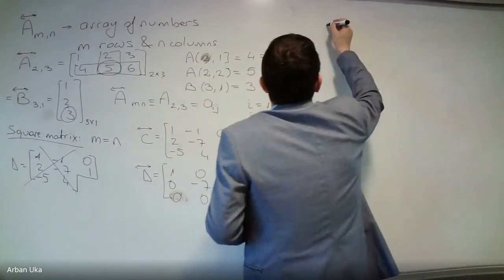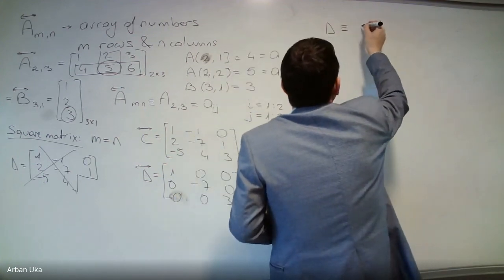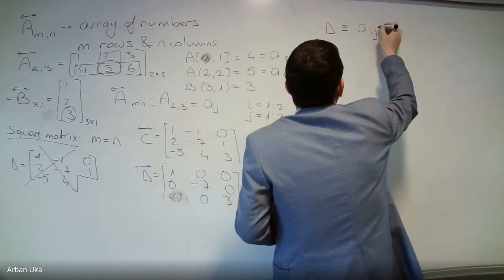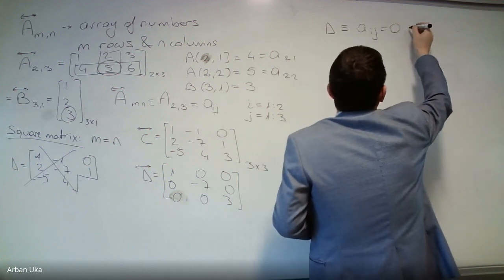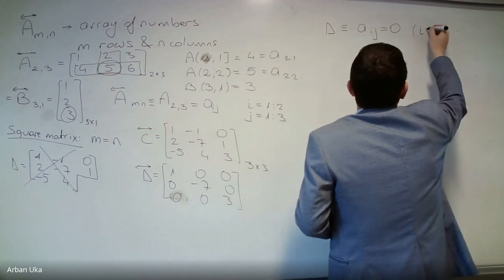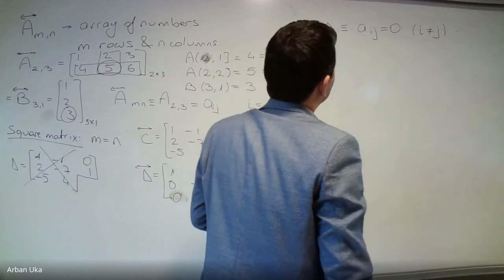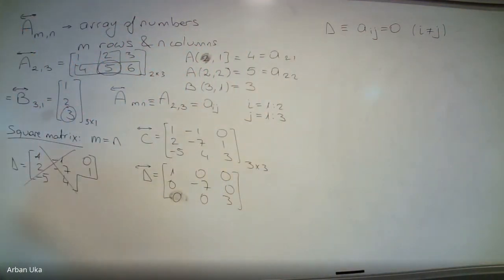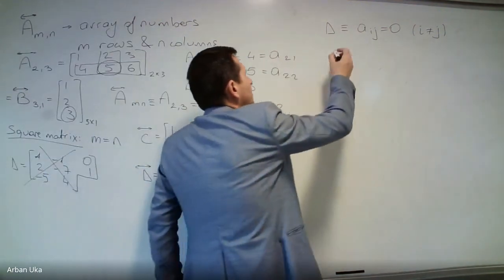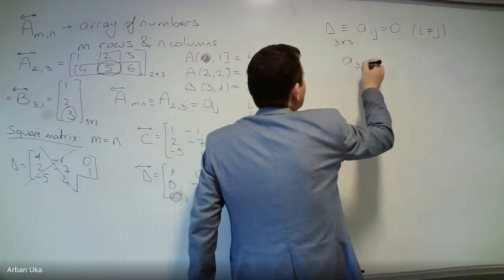For example, a diagonal matrix is equivalent to Aij equal to 0 once i is different from j. So this is a diagonal matrix, which means that if the matrix D is 3 by 3, then we consider A32.